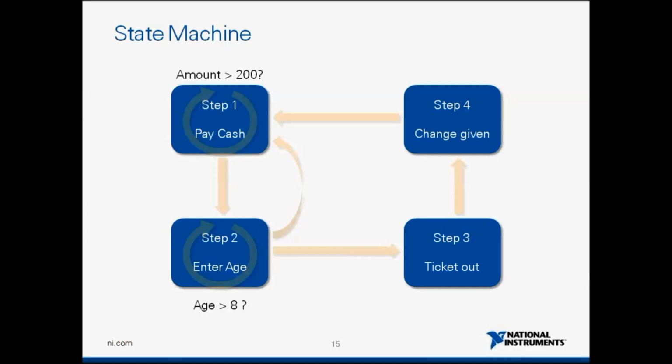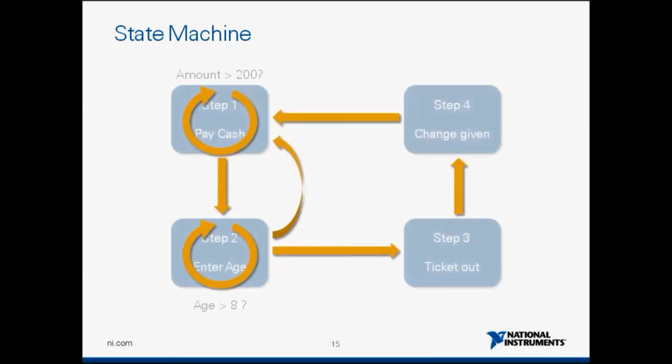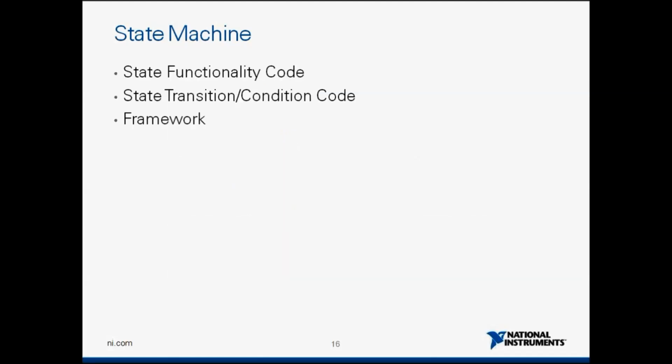Second is the state transition code, for example, the code that checks if the age entered is above 8 or not, and the code that checks if the amount given by the customer is greater than the price of the ticket or not. The third feature is to continuously check what conditions are being met and decide which state to execute next. This also forms the basic framework of the state machine architecture.